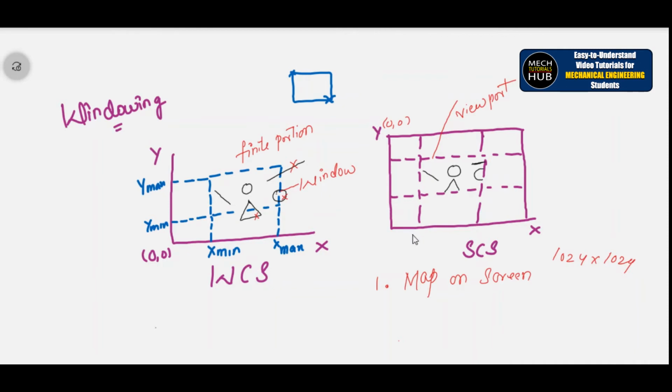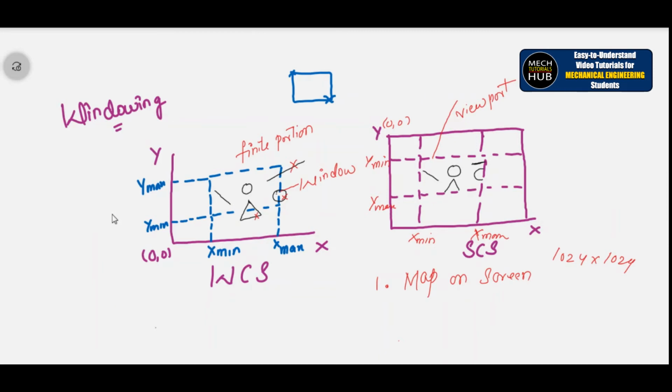Here we call this x minimum, the way we have shown in the world coordinate system, this as x maximum, followed by y max here, and here it has y minimum. Here the minimum is above because the origin is at the top left corner. This is the information you need to understand to know about windowing properly.